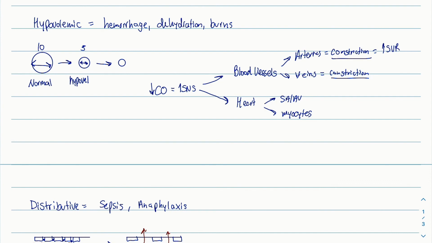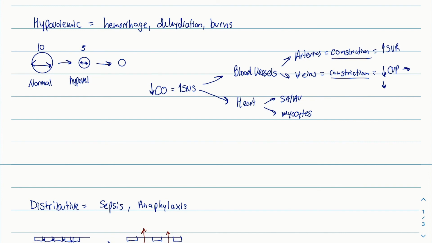so an increase in afterload. However, in the veins, because the veins are also constricted, and the diameter has already been reduced, now it's being reduced even more, so the compensation in the veins actually causes a reduction in the amount of blood that returns to the heart. So the central venous pressure in this instance actually becomes reduced. And likewise, if there's less blood returning to the right side of the heart, there's going to be less blood returning to the left side.